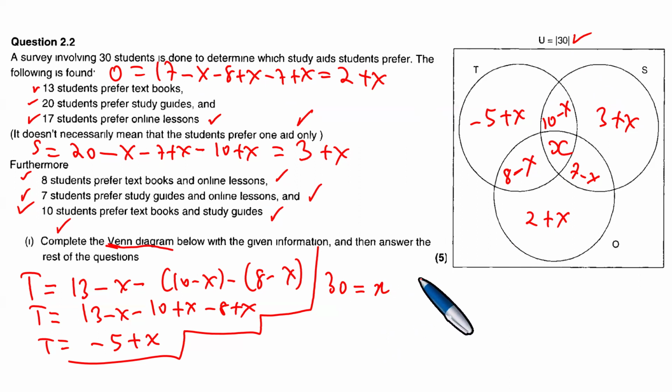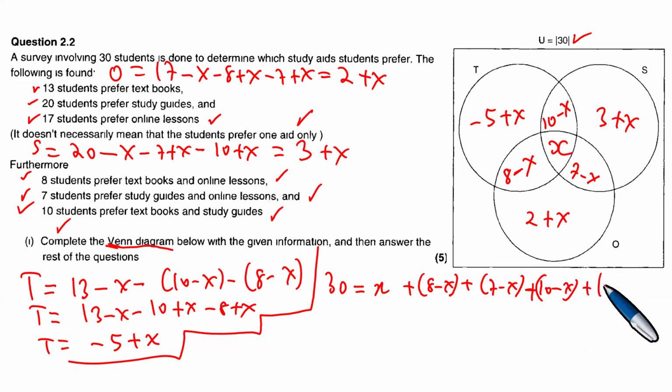We begin with x, and then we add 8 minus x, then 7 minus x, then 10 minus x, and then minus 5 plus x.